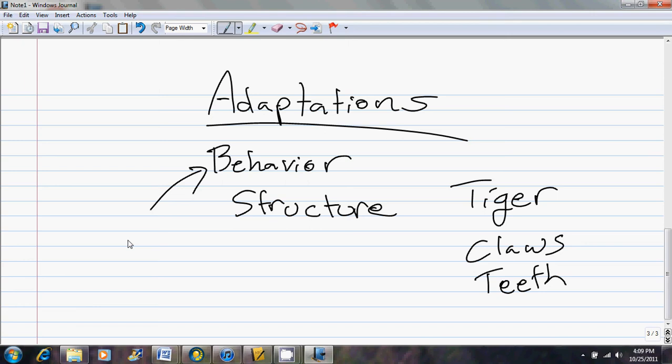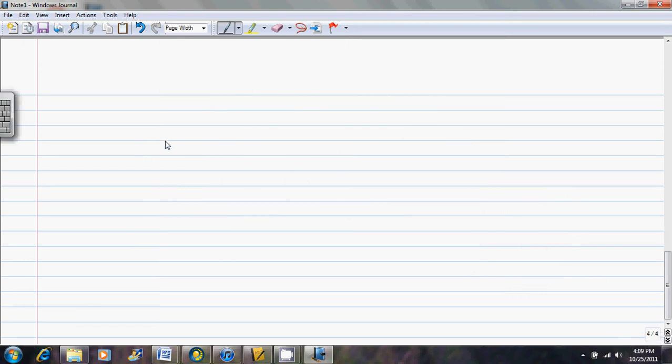Now for this next part, if you're not there, you might want to pause it and grab your book. You want to look at page 140 and also page 141. The question they're asking here is, how are animals classified? Well, there are two main groups that we're going to be talking about.